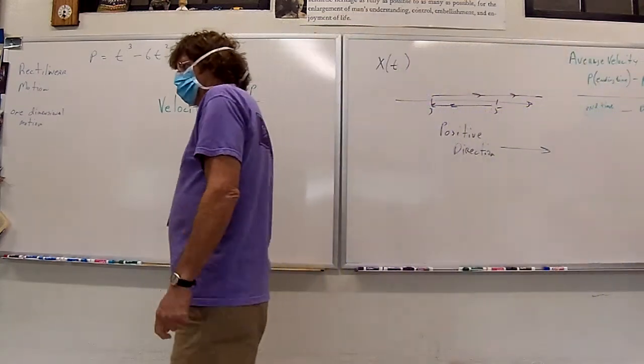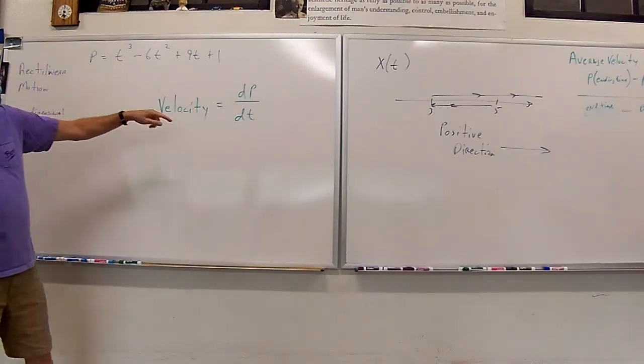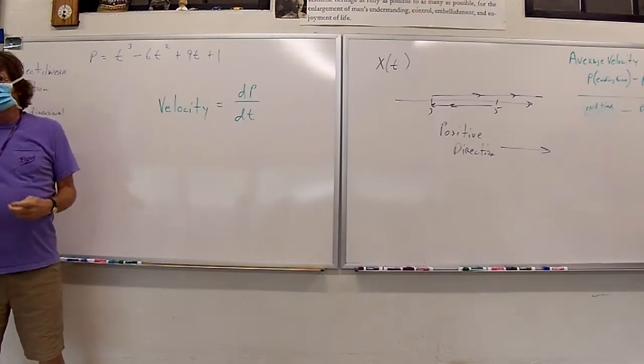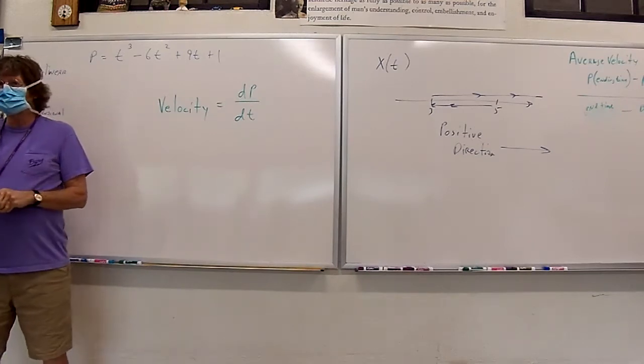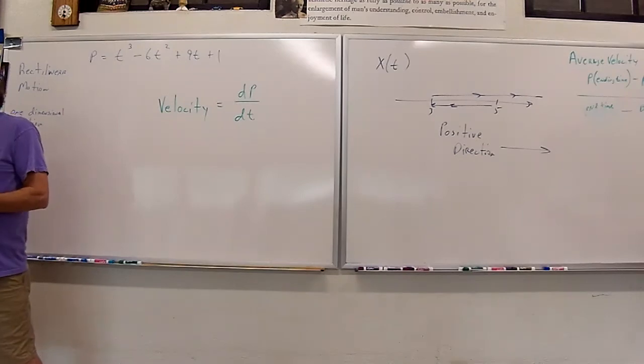All right? And average velocity can be helpful, and it can be a little bit misleading. But we have a position formula, and velocity is the change in position with respect to time. A positive velocity, you're going in the positive direction. A negative velocity, you're going in the negative direction.